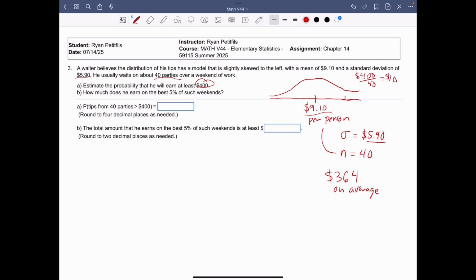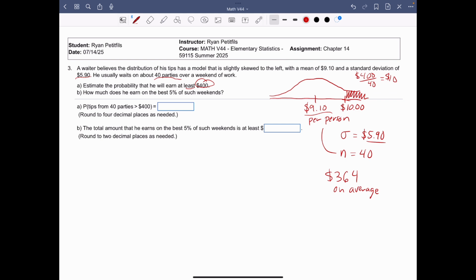So we want to find the probability of $10 or more, at least. They get at least $10 per person or more, so we're shading to the right.